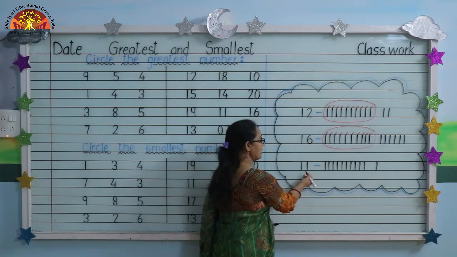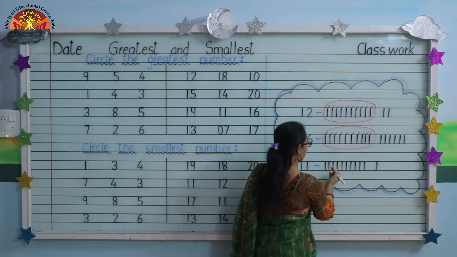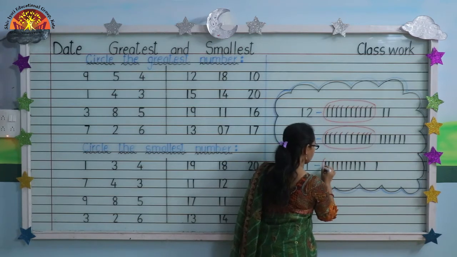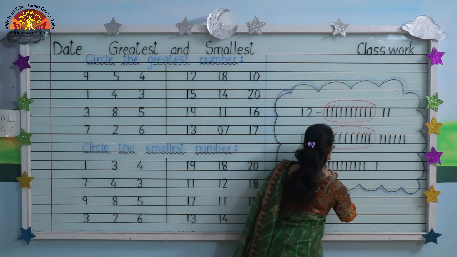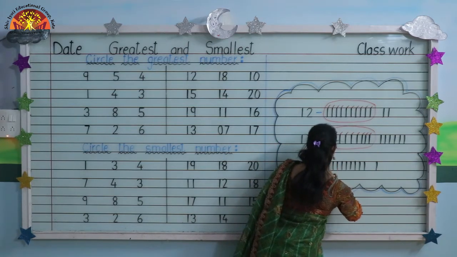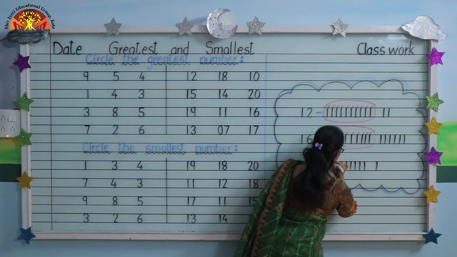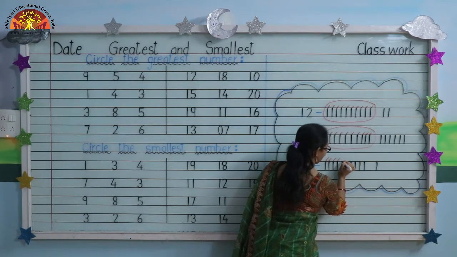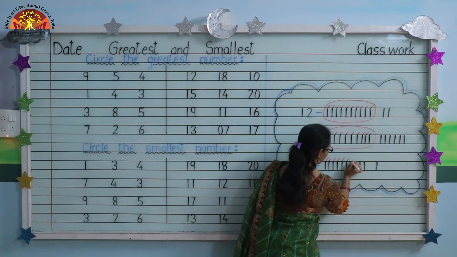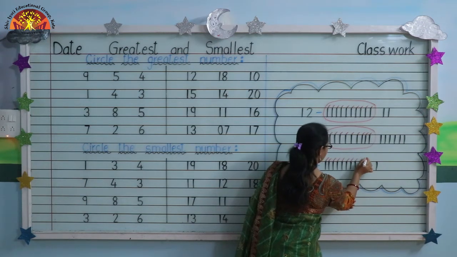Next is 11. Make a circle around a group of 10 lines.